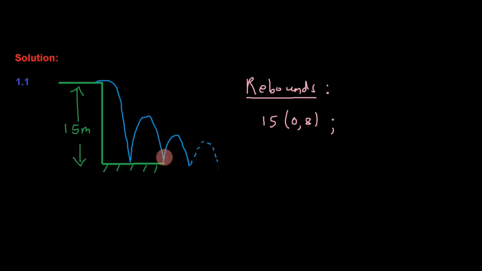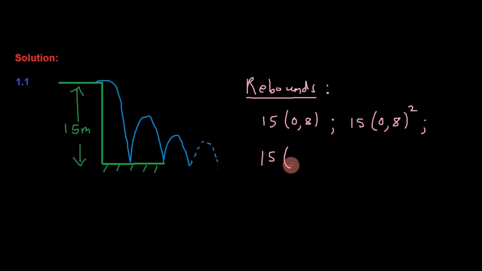Then on the second rebound, it's going to be 80% of this value. In other words, the height it attained on the first rebound. So 80% of 15 times 0.8, which is 15 times 0.8 squared. And then on the third rebound, it's going to attain 80% of this value.